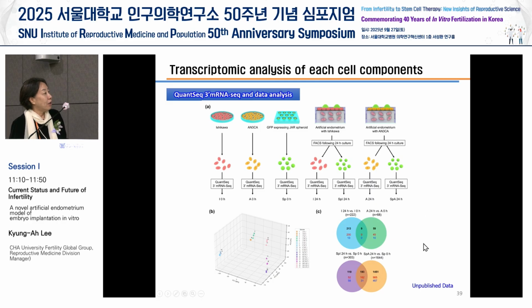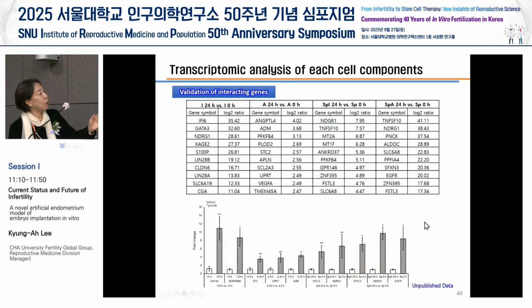But the gene expression was more active than in Ishikawa cells. So we verified some genes by PCR. ChIP assay records are rare.